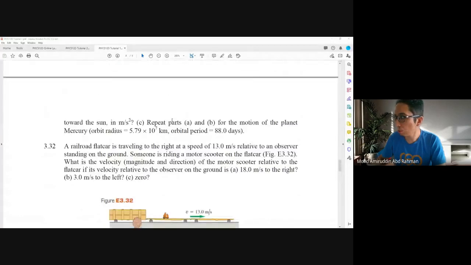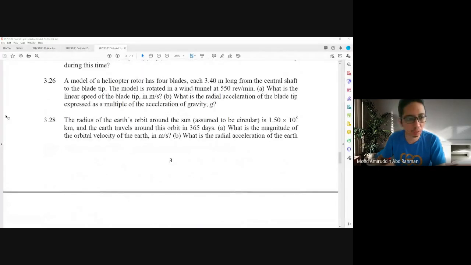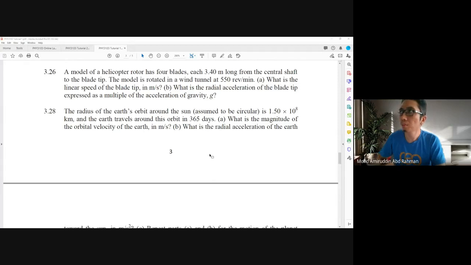All right, I'm going to give you the answer also for 3.26. For A, what is the linear speed of the blade tip in meter per second?